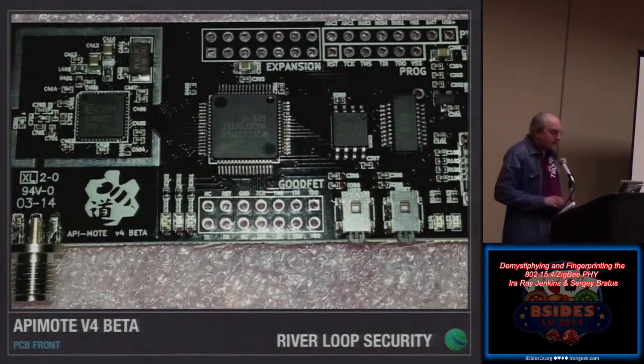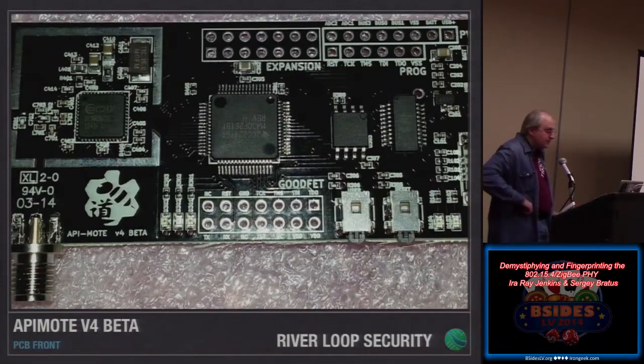And this is a capable peripheral. It will do a raw frame injection for you. The chip you see in the middle is the MSP430, Travis's favorite chip. This thing is actually based on the GoodFET, as you can see by the name of the one bank of headers. And the other chip there, the one surrounded by an antenna, is a ChipCon 2420.